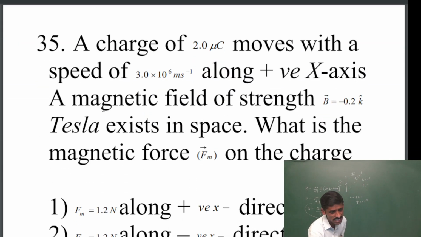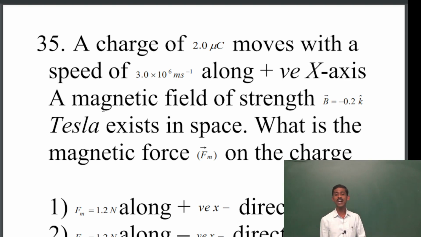Next, question number 35. A charged particle of charge 2 microcoulomb moves with a speed of 3 into 10 to the power of 6 meter per second along the positive x-axis.